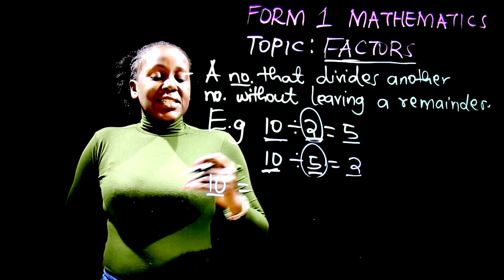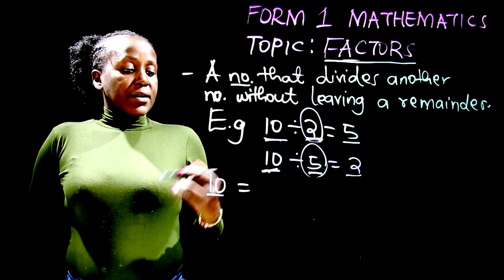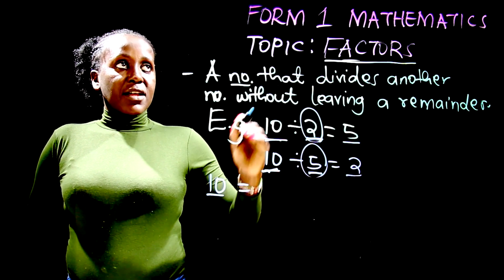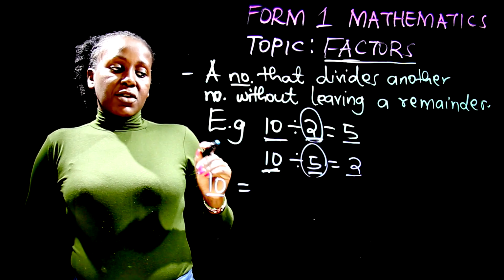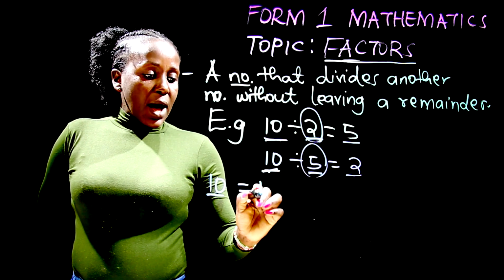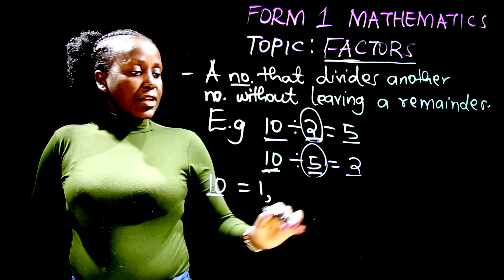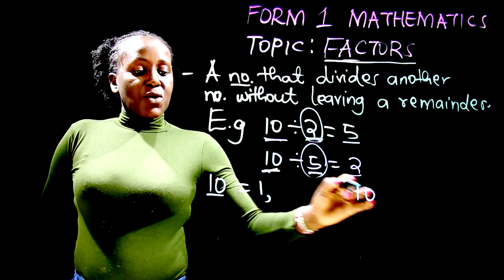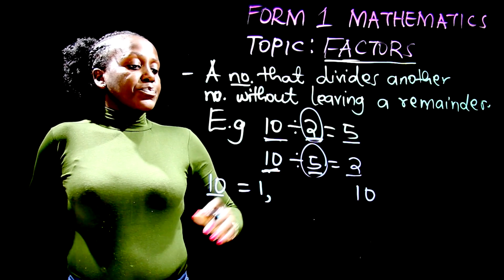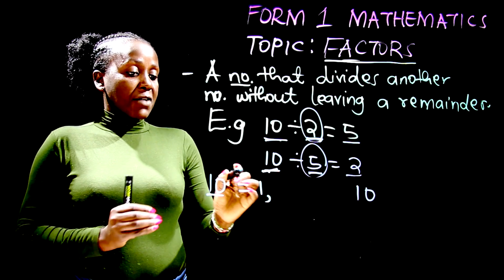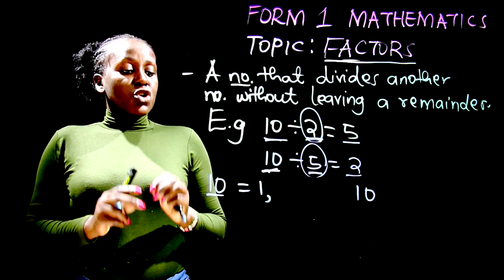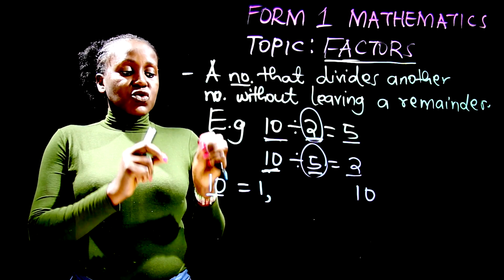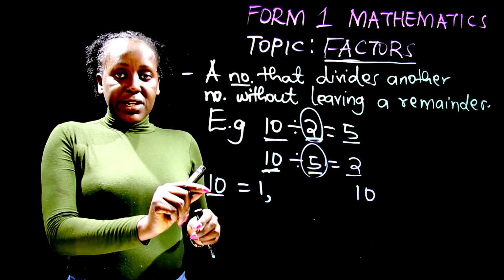So beginning with the least number possible, which is 1, we can say that 10 divided by 1 gives you 10. So 1 is a factor of 10. Then we write the 10 to the further side as also a factor of 10. The next whole number after 1 is 2. So let us test whether 2 is a factor of 10.